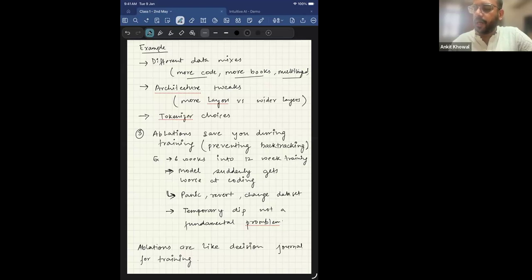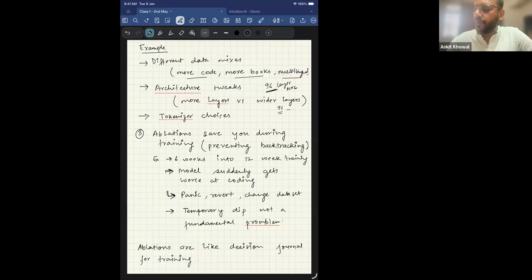Similarly, if you have to do some architectural tweaks, right? Last time I said that there are 96 layers used in the neural network part for the LLMs. So how did they come up with the idea that these 96 layers will work? They did some experiments: if I use this number of layers, I get correct answers.